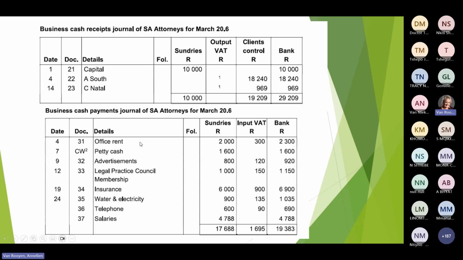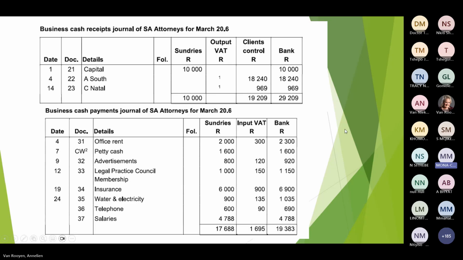They will go to separate ledger accounts. It will go to rent, it will go to petty cash, it will go to advertisements, it will go to membership fees, it will go to insurance. So there's no one specific column for rent or advertisements or legal costs or insurance. It's not practical. So in this case, you need to record it in the sundries account.